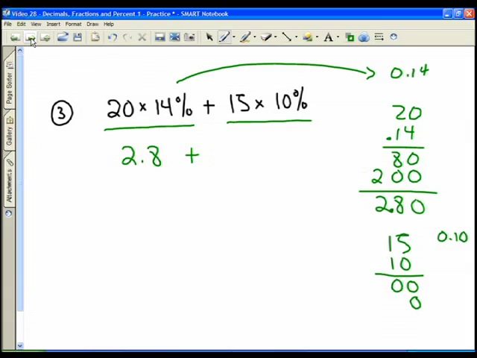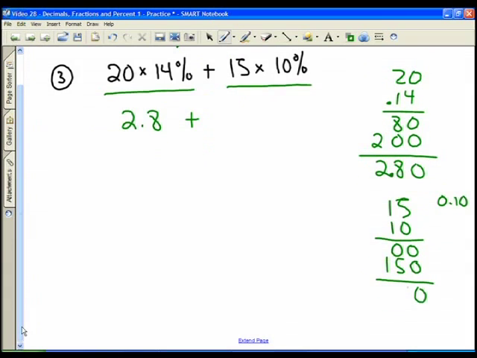I have to add a placeholder, lots of zeros here. 1 times 5 is 5, and 1 times 1 is 1. And I add down, and I get 0, 5, 1. 2 decimal places in my question from the 0.10. So 1, 2 decimal places in my answer, and 15 times 10% is 1.5.